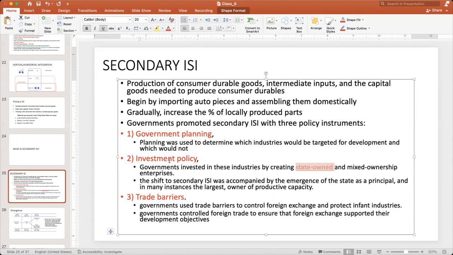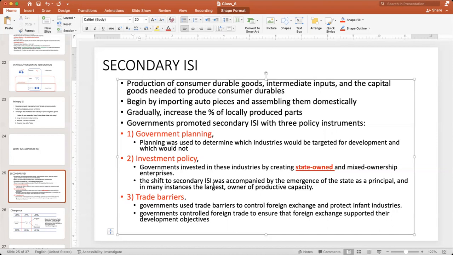Because remember, the basic idea in the structuralism argument is that the state is the only actor that could move production factors from the agricultural sector to the manufacturing sector. So in that way, the government is creating a state-owned enterprise.